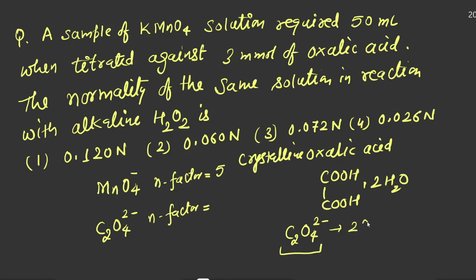C2O4 gives 2 CO2. So how many electrons do I have to remove? 2 electrons, because charge should be balanced on both sides. So 2 negative is balanced by 2 electrons. So the n factor is 2 here.